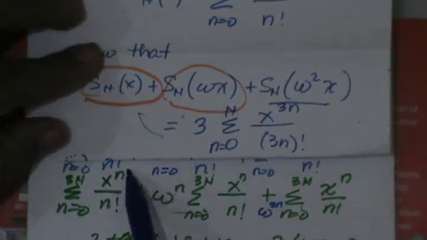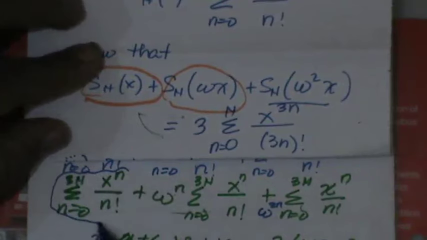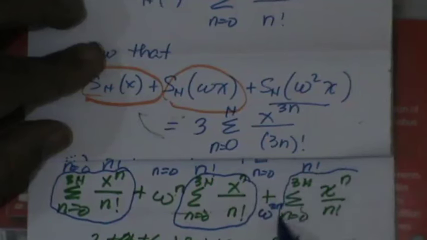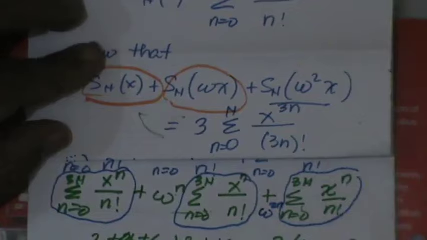I want you to look at this. If you're going to notice, this portion is common to this sum. That portion there, the one that I'm trying to circle, right?